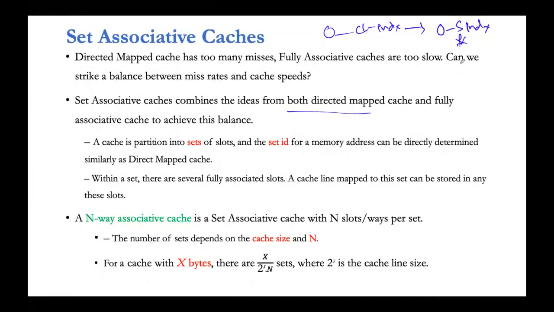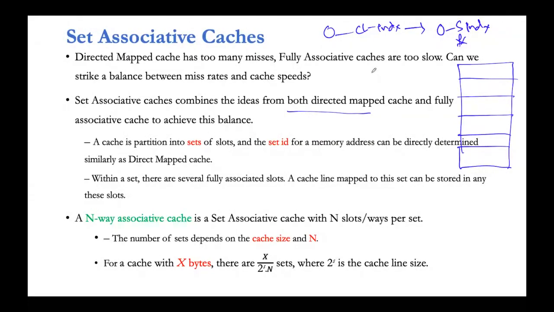The concept in set associative is that the cache has frames, but instead of assigning as in direct mapped caches, where cache line zero goes into frame zero and cache line one goes into frame one, the cache is divided into sets, like set 0 and set 1.